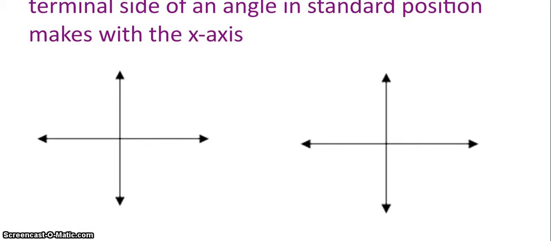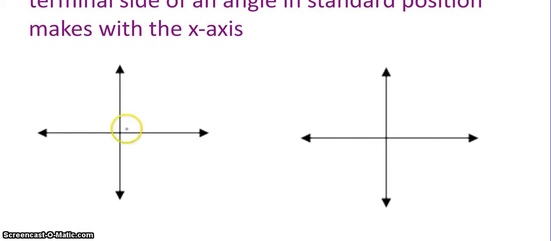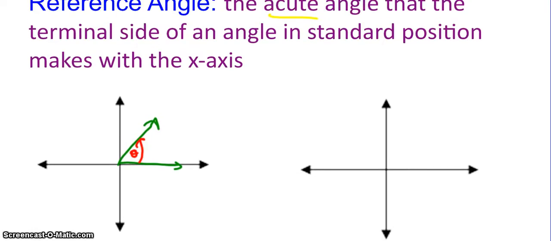What does that mean? So if I have some angle here, let's call this theta, that's in standard position. So where is the acute angle that the terminal side makes with the x-axis?